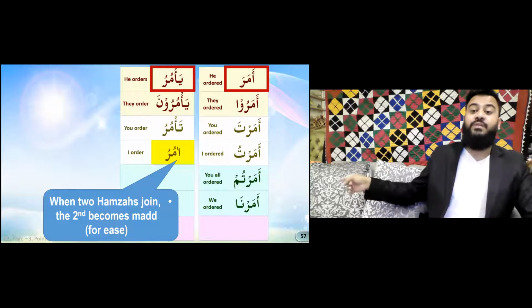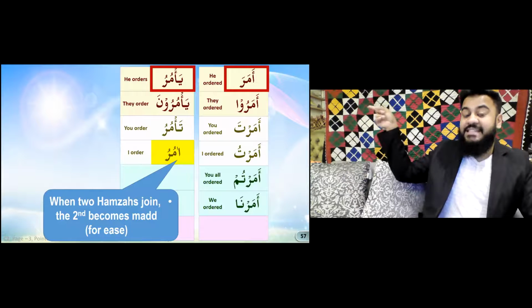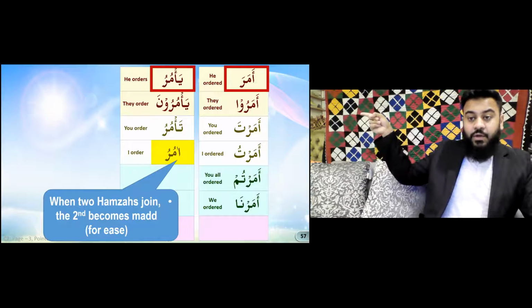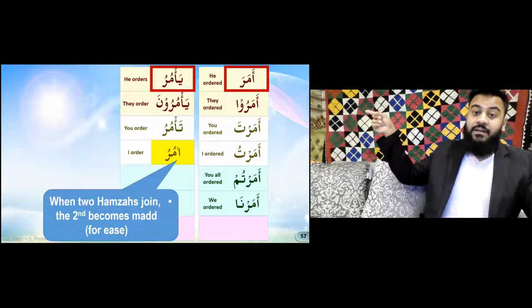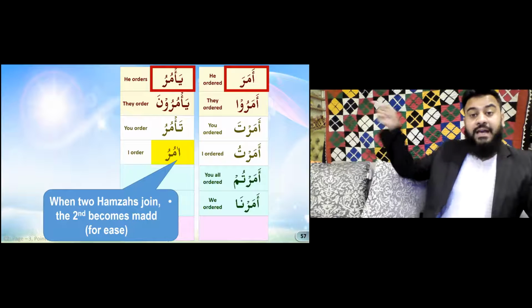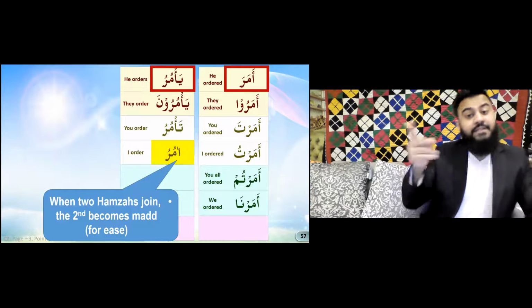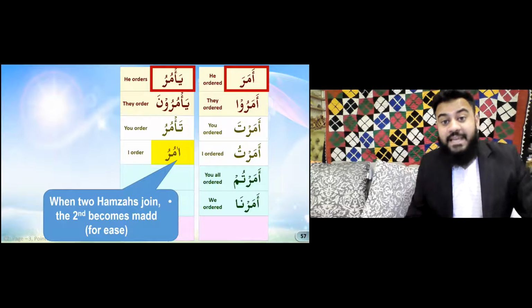Now we're moving into the second part, which is the mudari, the second column that we talk about here. Quick thing, we went past this in the slides, but it follows the nasara form. So nasara, remember, nasara, yansuru, yansuru, tansuru. So we're just going to be following that same form.